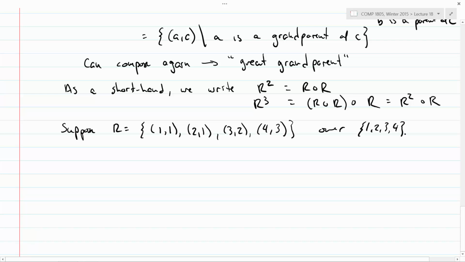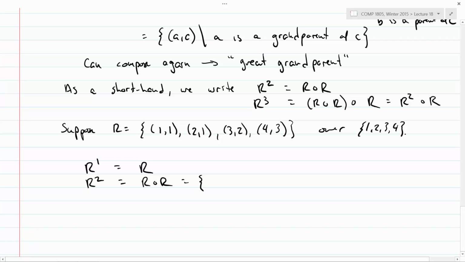And I want to see what happens when we start composing this relation with itself over and over again. So R to the 1 is just R, right? That's easy enough. R squared, well, that's just R follows R. And I would like to write out what it is that is.